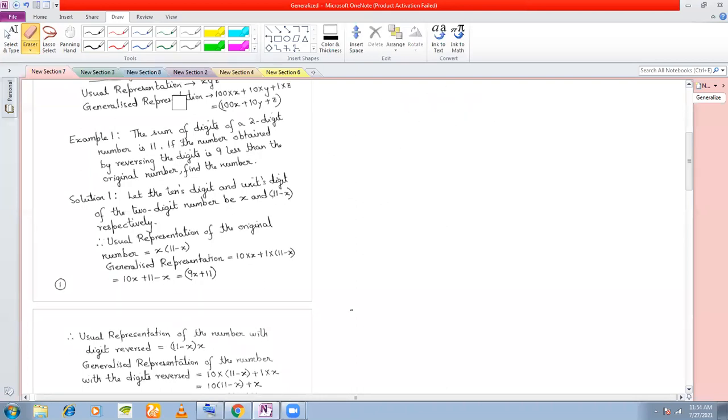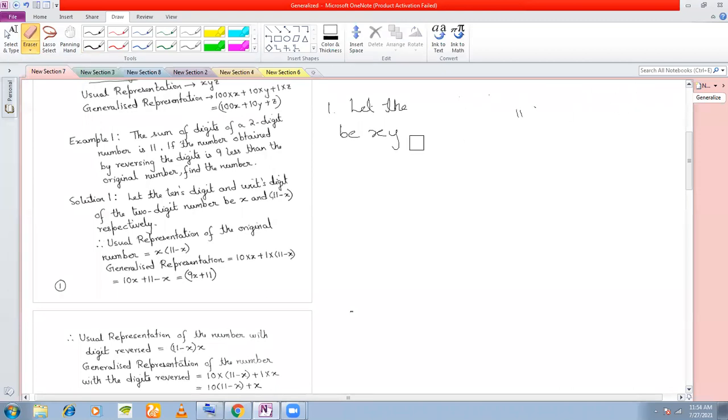The question is find the number. Find the number means find the original number. So I start by saying, let the usual representation of the original number be xy. So what does xy mean? Let us not take it as xy. Let us take the tens digit.